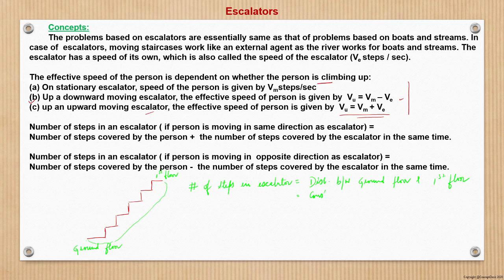So from here we can say that the number of steps in an escalator is always constant, and that is equal to the number of steps covered by the person plus the number of steps covered by the escalator, right? This we have seen also.